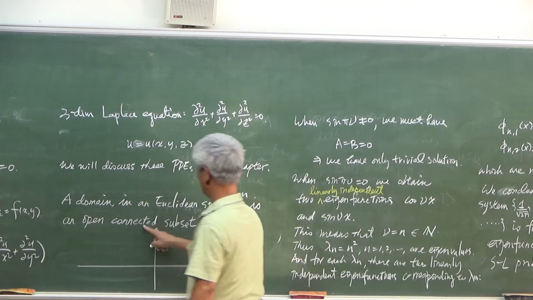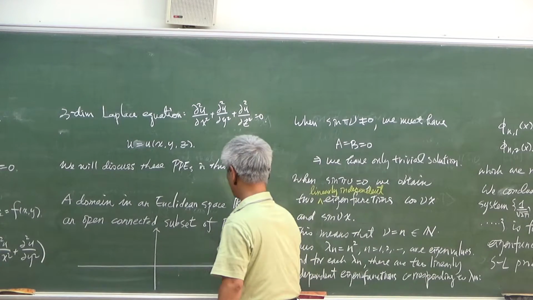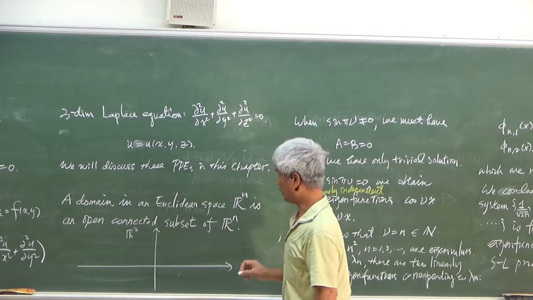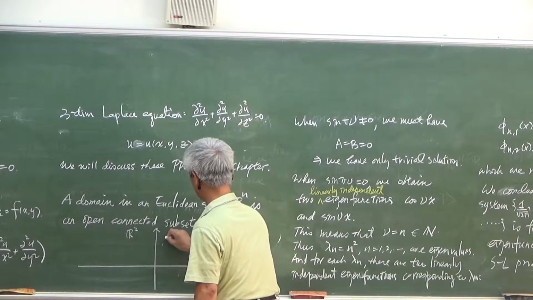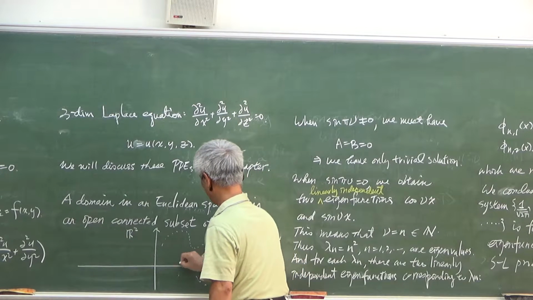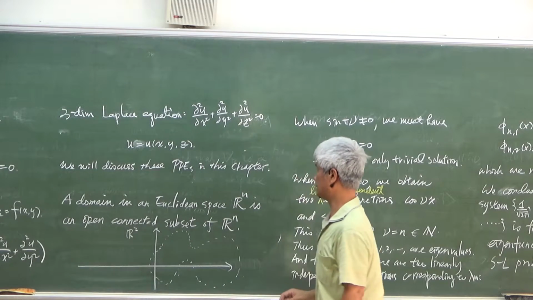I think I mentioned connected set before, right? For example, in R2, we say an open set. So for example, this is an open connected set.